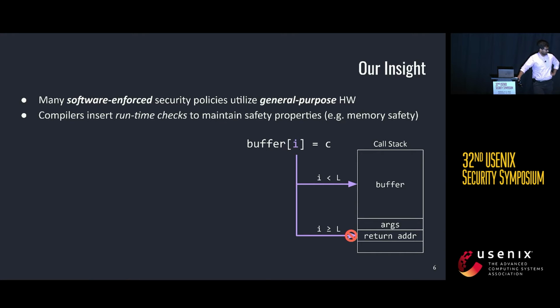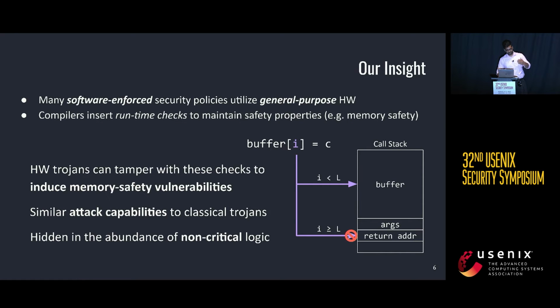So in the figure here on your right, you'll see a buffer dereference using the index I assigned to the value C. This buffer is located on the stack, and preceding the buffer dereference, the Rust compiler, for example, any safe programming language compiler would inject an instruction sequence that prevents an access outside the bounds of the buffer while dereferencing the buffer. So if I is greater than the length of the buffer, control would be transferred to a panic handler, and the program would fail closed.